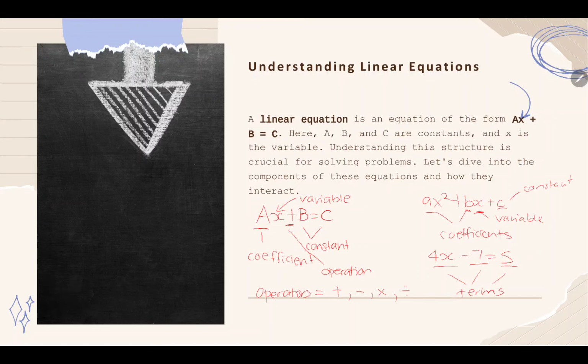An expression, which is 4x take away 7, is a group of terms. Usually the terms are separated by either a plus or a minus sign.